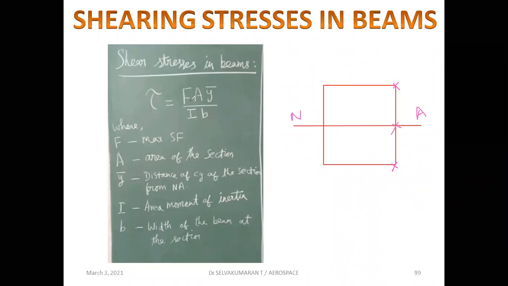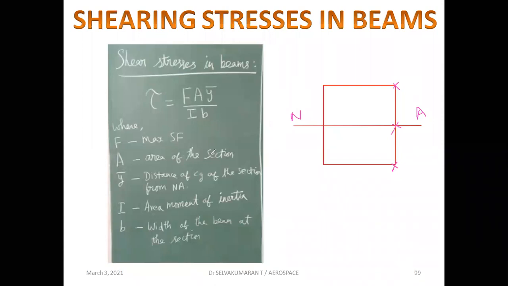What is F? F is nothing but the maximum shear force. Now for example, in the bending stress lesson, I have given one tabular column which shows the maximum bending moment formula for different types of beams subjected to load. Let us take, for example, a simply supported beam subjected to a point load at the middle: WL by 4.